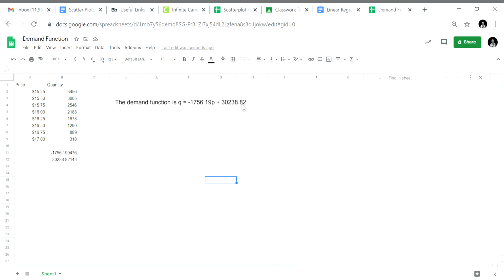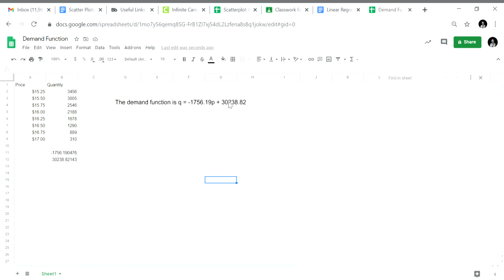Now this number, the y-intercept, if you recall, that's where the graph would cross the y-axis. At the y-axis, the price is 0. So what this is saying, if the price were 0, you would expect the demand to be this much, which doesn't exactly make sense, because if something was free, what would the demand be? So our linear regression, our demand function, is really a model, which doesn't always work out perfectly in the real world.